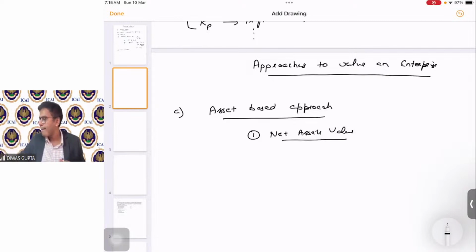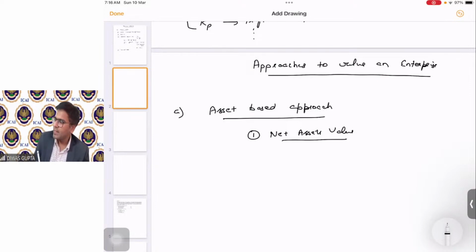NAV means that whatever is the book value of all your assets minus your debt will give you the net assets value.